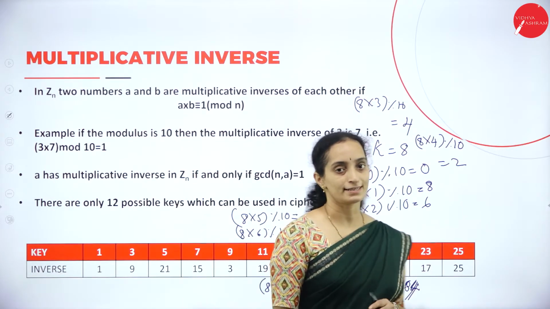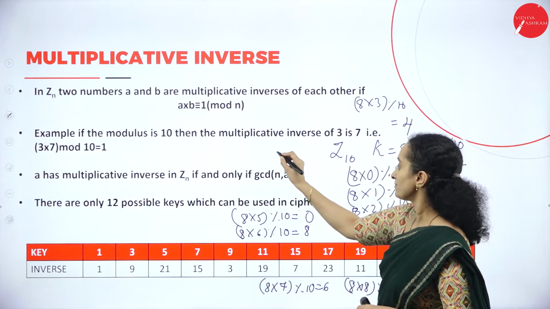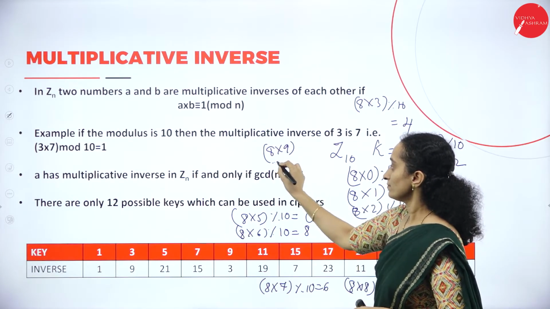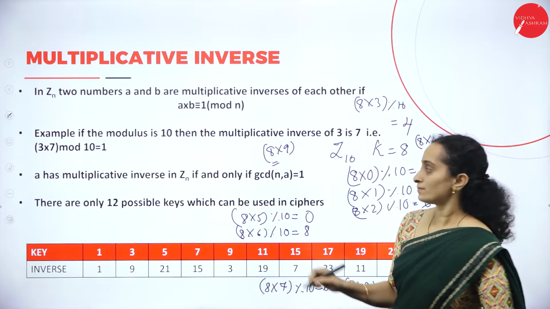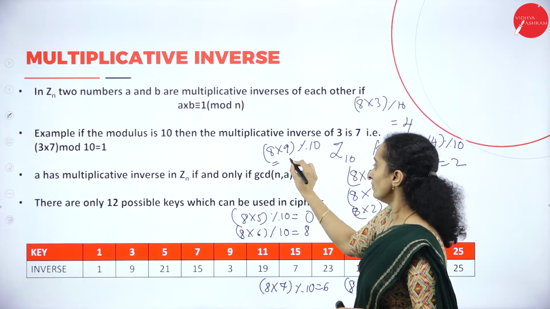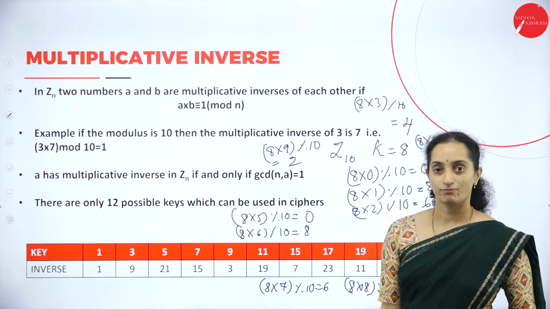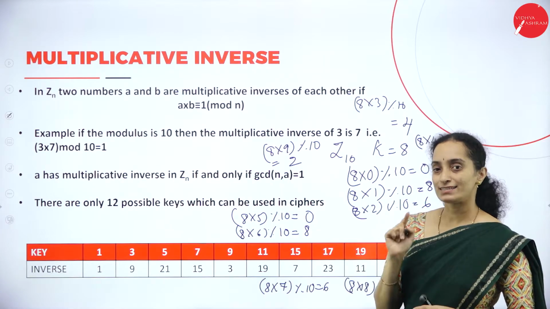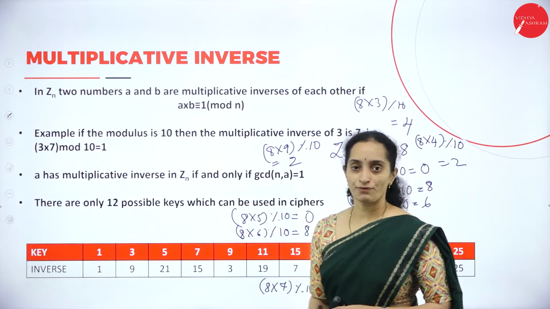That means again it is not a multiplicative inverse. 8 into 9 is 72, modulo 10 gives 2. That means none of the values is generating a value 1.